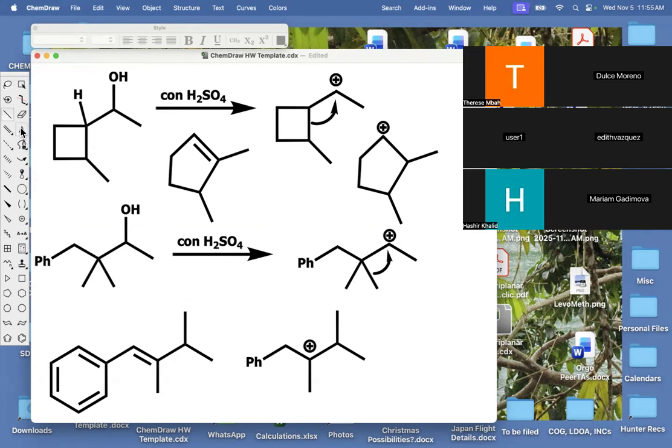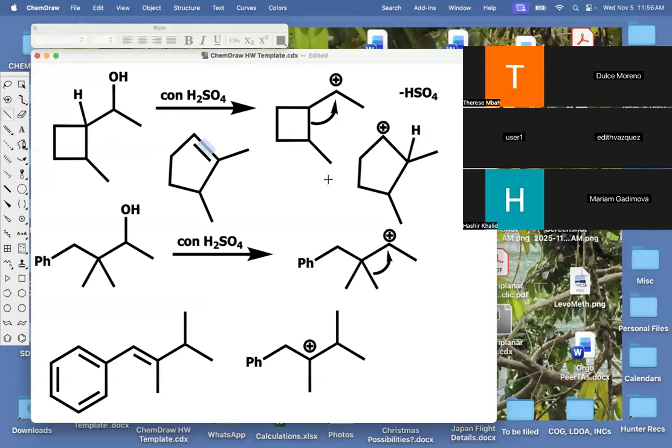Okay. And there is no good base here. That's your base. Don't you dare use that unless there's a better choice. But that's the base here. So that is simply going to pluck off that hydrogen.